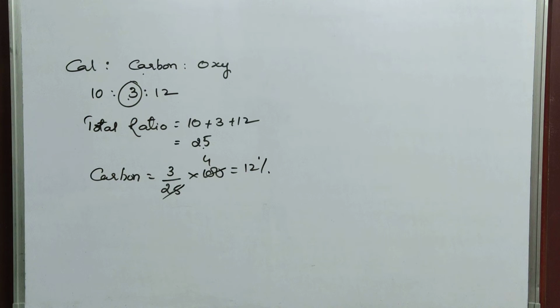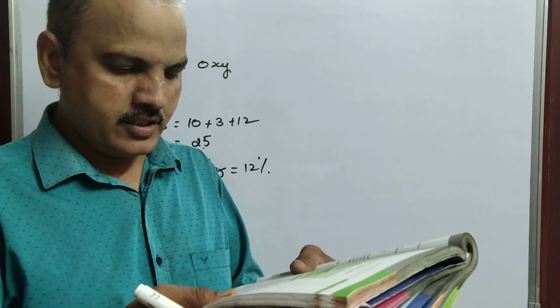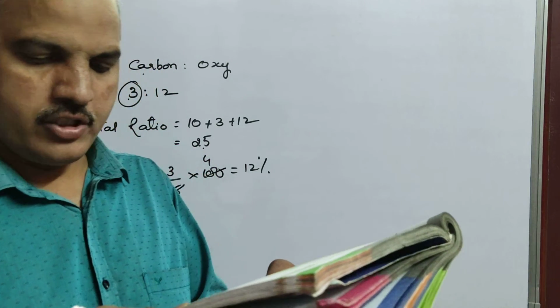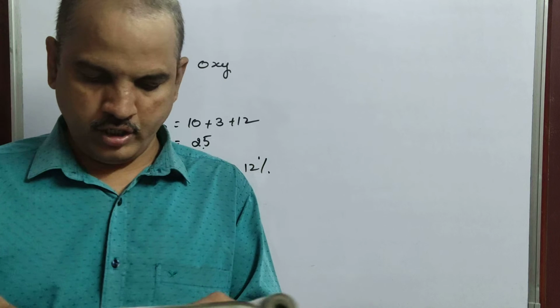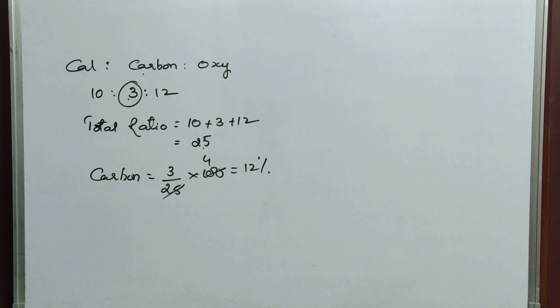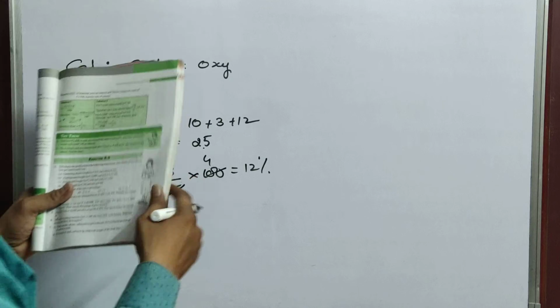Okay, next. In a stick of chalk, carbon is 3 g. What is the weight of the chalk stick? Is it clear? So here what happened clearly? Weight of the chalk we don't know. He is asking that only.